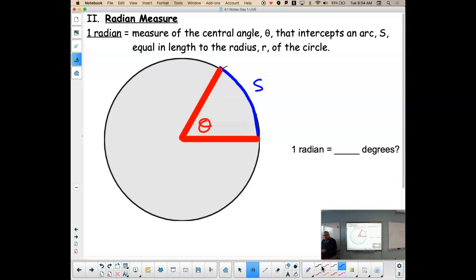Degree measure of theta. Anyone? Just a guess. 35 or 40? Okay, what are we thinking? We agree with 35 or 40?